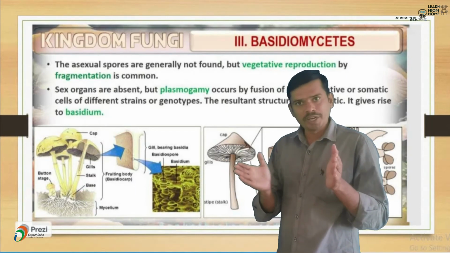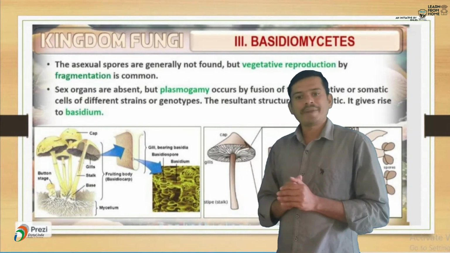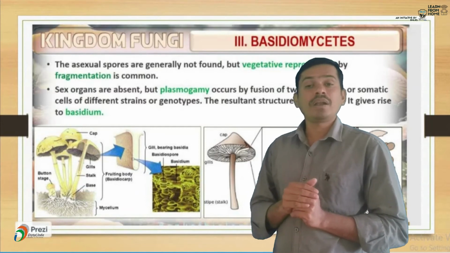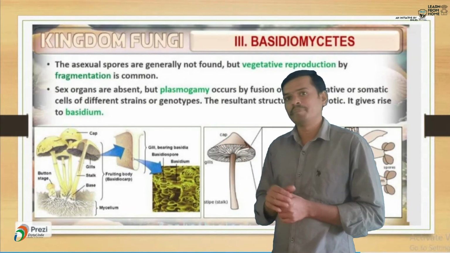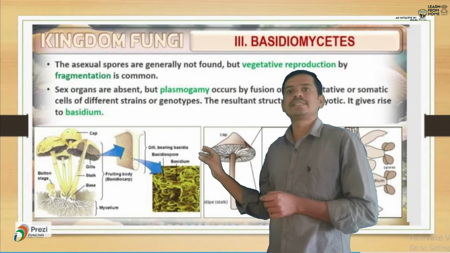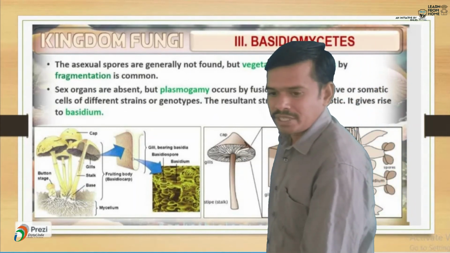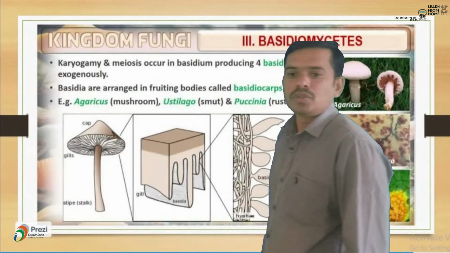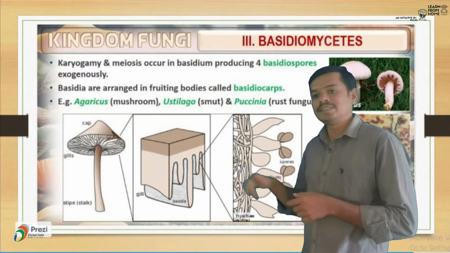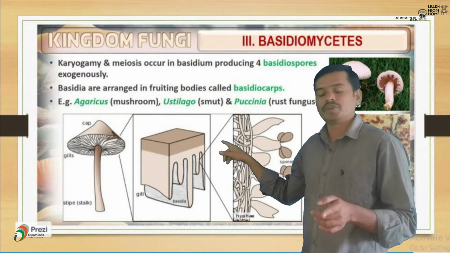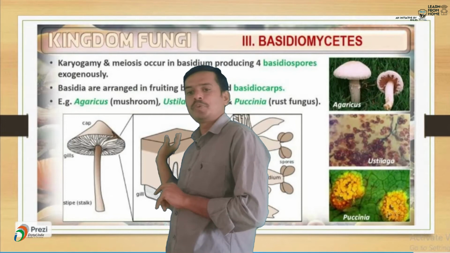The resultant dikaryotic phase gives rise to the basidium. In the basidium, karyogamy and meiosis occur, producing four basidiospores.